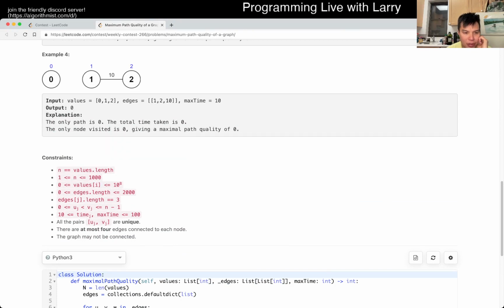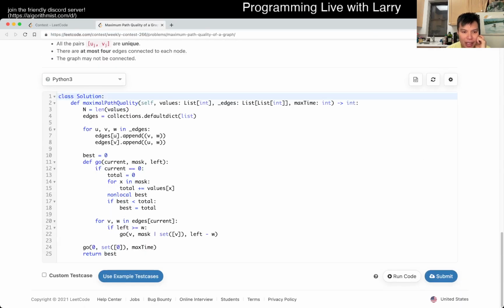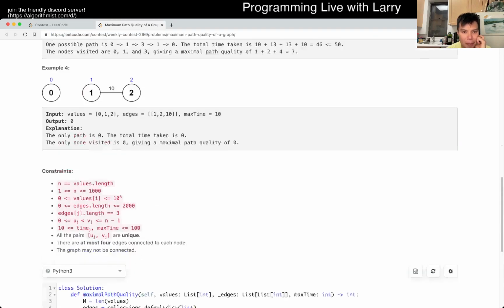I think it's a cute trick that you have to notice, but it's kind of a crappy problem if you ask me, because I really could have gotten this very quickly. I had most of this, but I just didn't.